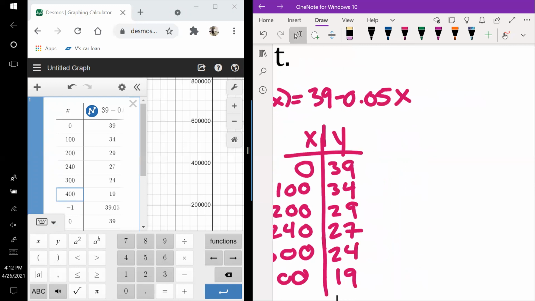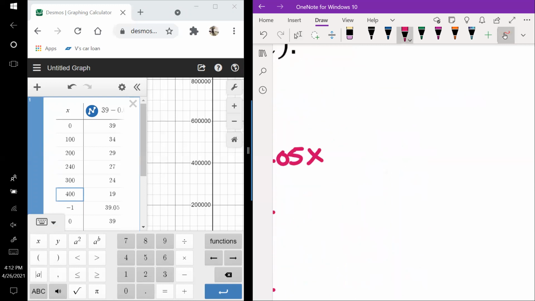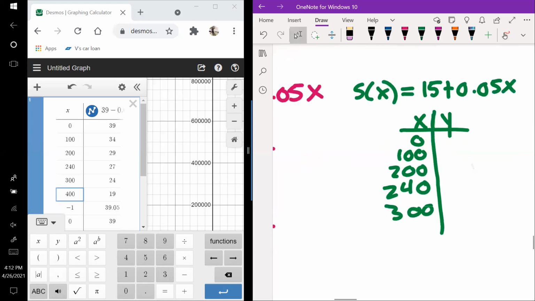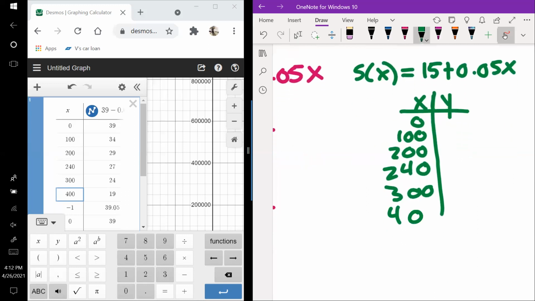Now we need an XY chart for s of x. And s of x is 15 plus 0.05x. Same exact values here: 0, 100, 200, 240, 300, and 400.